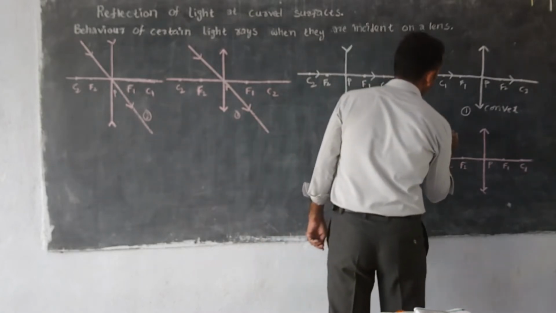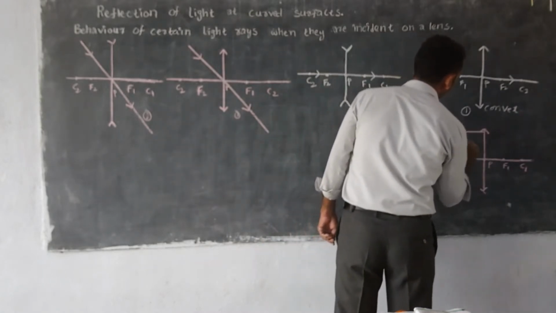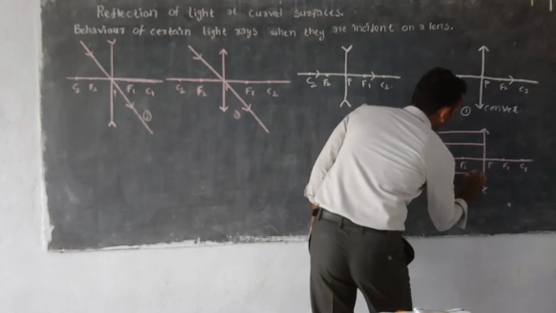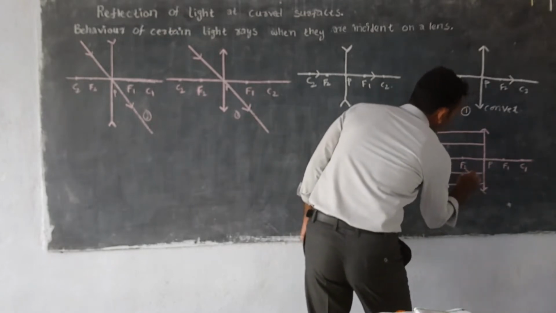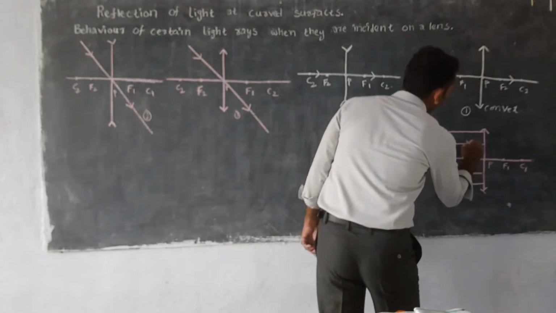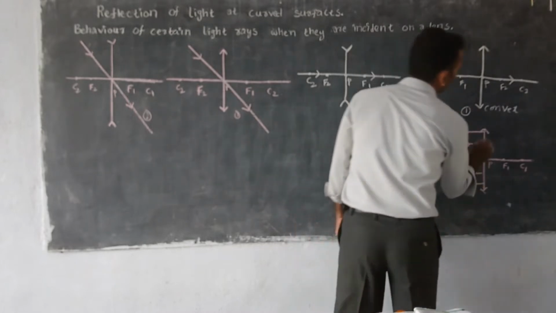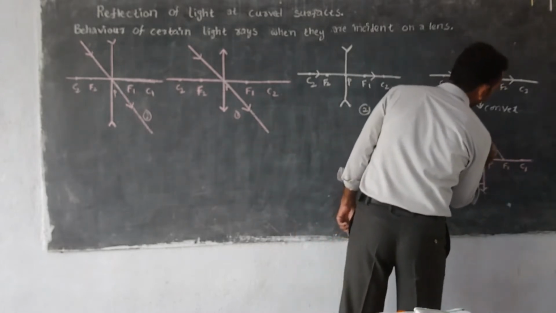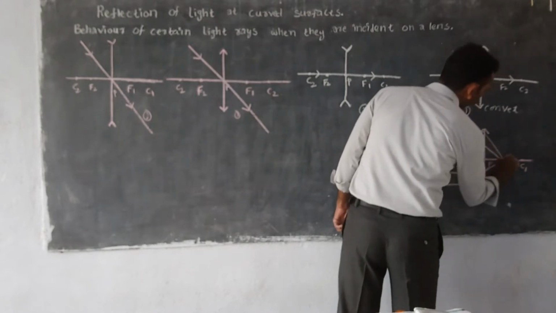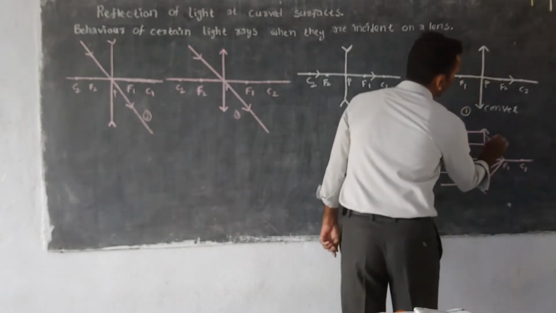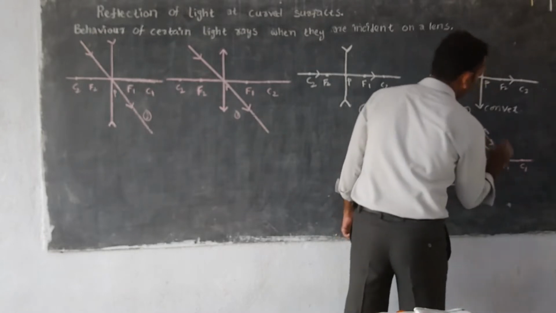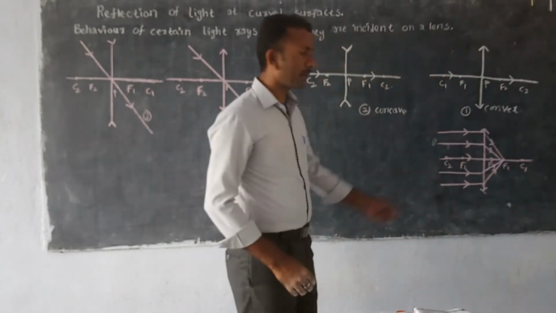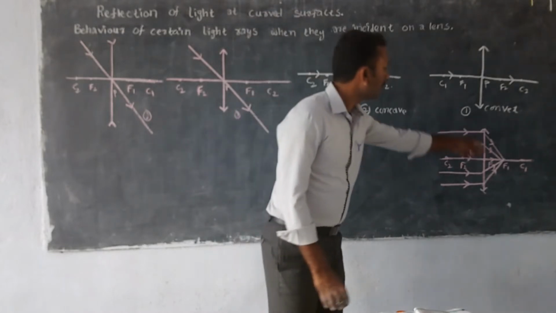The parallel light rays are going parallel to the principal axis, and what will happen? After incidence on the lens, they are going to be converged at the focal point for the convex lens.